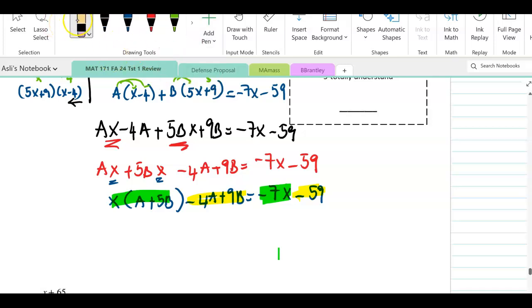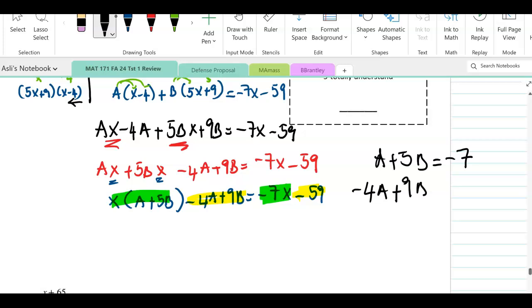Otherwise, those two terms wouldn't be equal to each other. So if x times a plus 5b is equal to negative 7x, so a plus 5b should be equal to negative 7, then negative 4a plus 9b should be equal to negative 59.